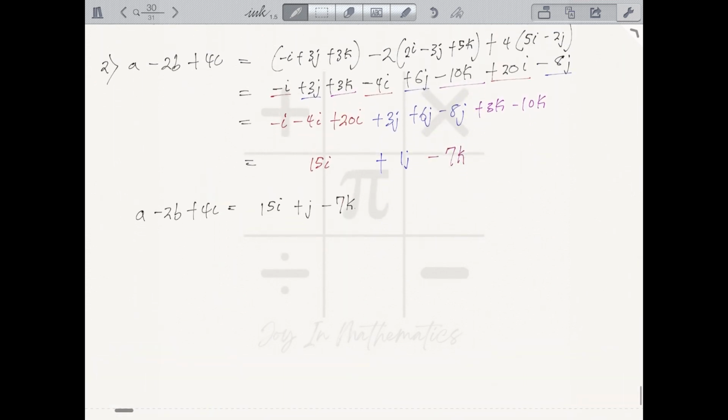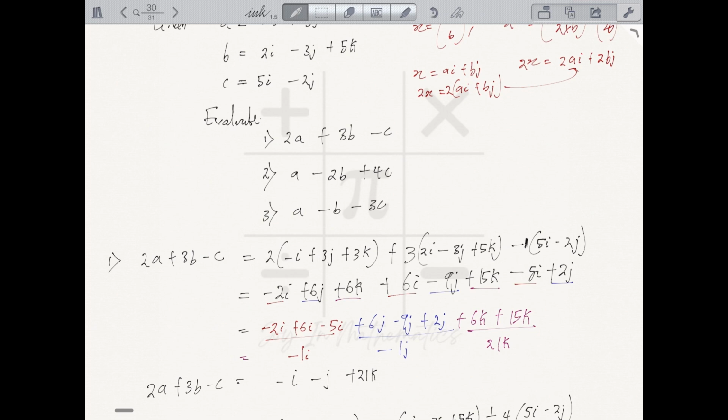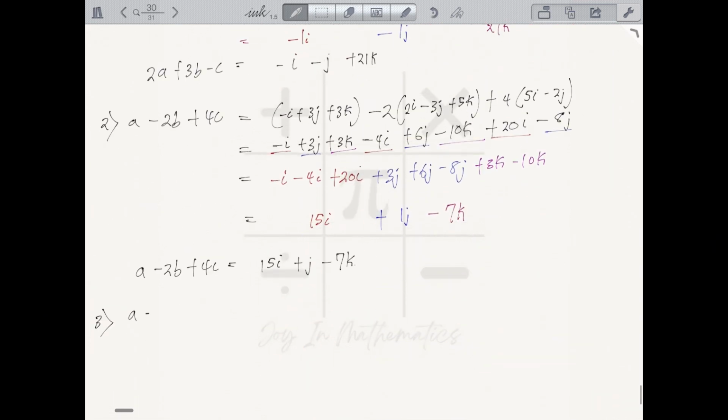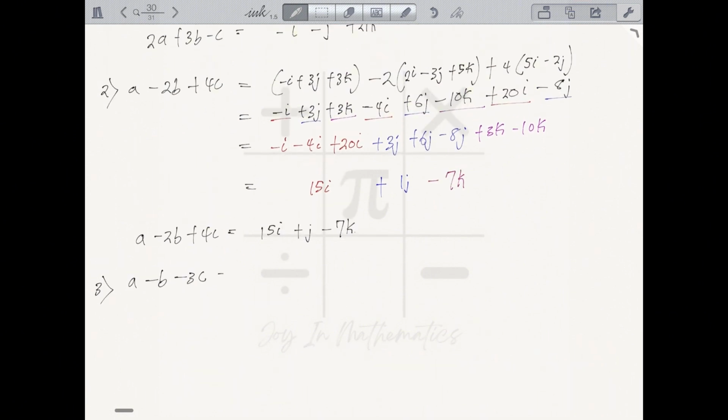Let's move on to the last question, which is question 3. The question says we should evaluate A minus B minus 3C. A in the question is minus i plus 3j plus 3k. Our B is 2i minus 3j plus 5k, and our C is 5i minus 2j.